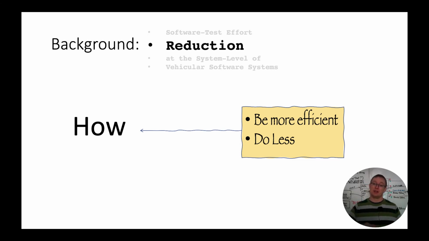So you do things quicker, you do things maybe in parallel, or have better tools and things like that. Or you simply do less. And that could be that you realize that you have already done this before, so let's not do it. So by doing less, or by knowing what you've already done, you can just skip doing things.